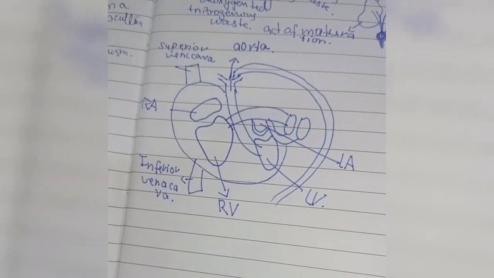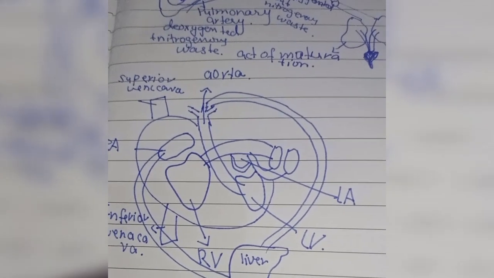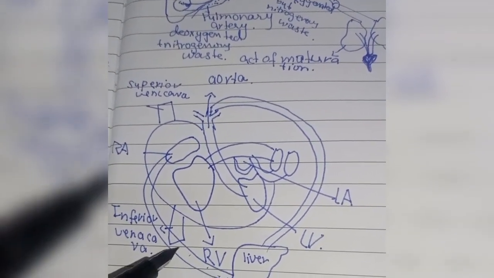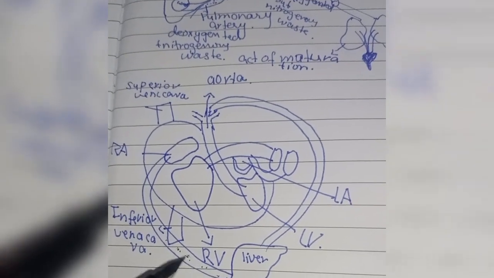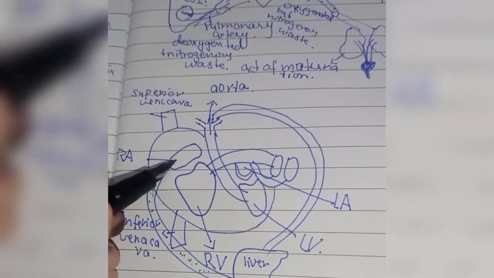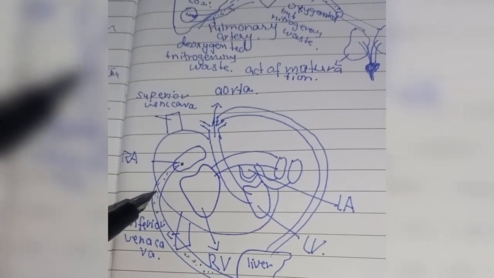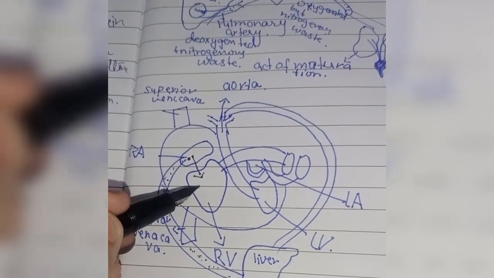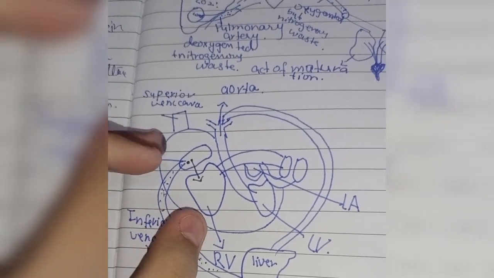Okay, so what happened? The urea was moving from the liver to the heart. So first it will go to the right atrium of the heart. Then the right atrium will push the blood into the right ventricle.